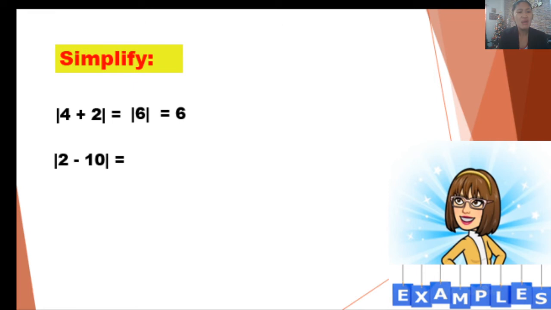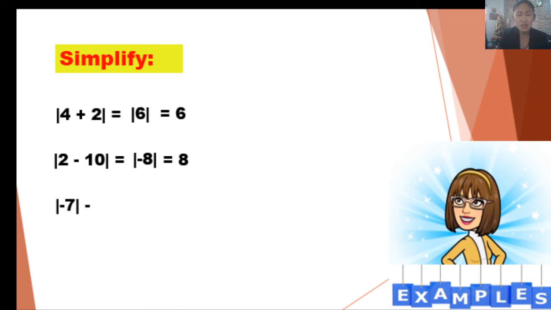How about here? 2 minus 10. Again, you simplify 2 minus 10. That is negative 8, so the absolute value of negative 8 is 8. Positive, never negative.